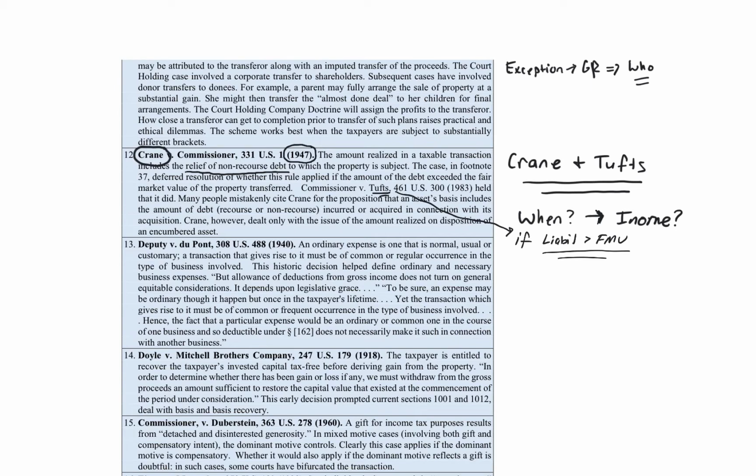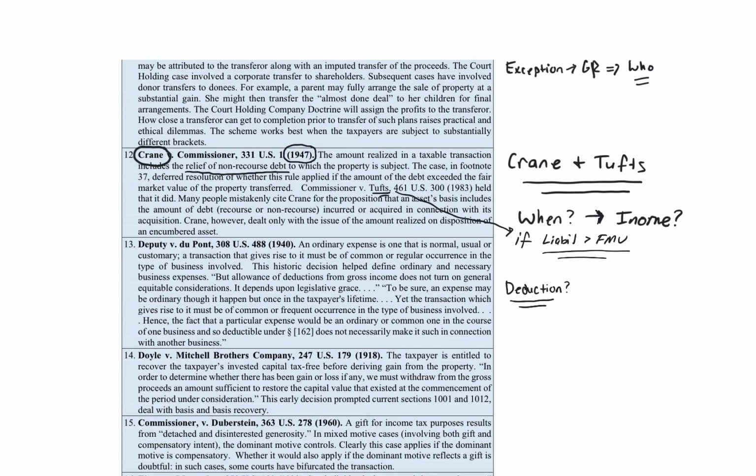Okay, next, Deputy versus DuPont. This is a big case, and it deals with deductions. When it comes to trade or business expenses under Section 162, it has to be an ordinary and necessary expense during the taxable year in carrying on any trade or business of the taxpayer.